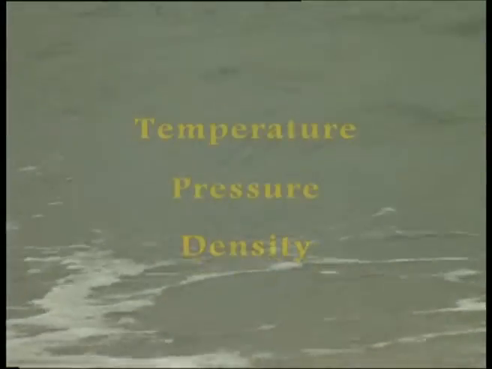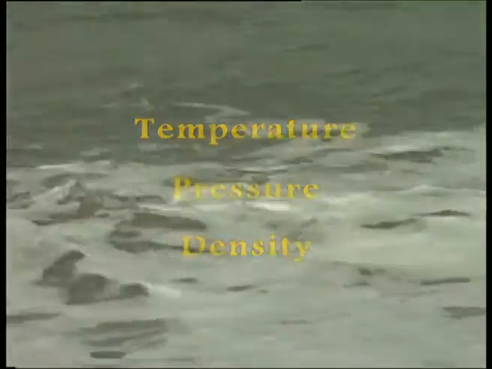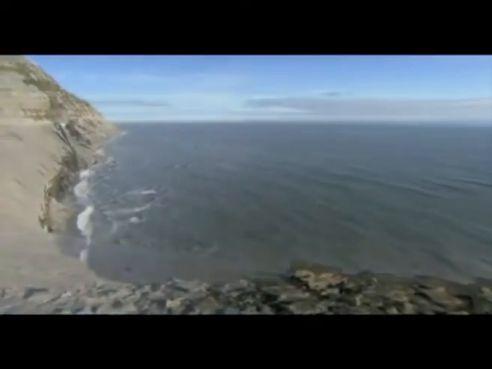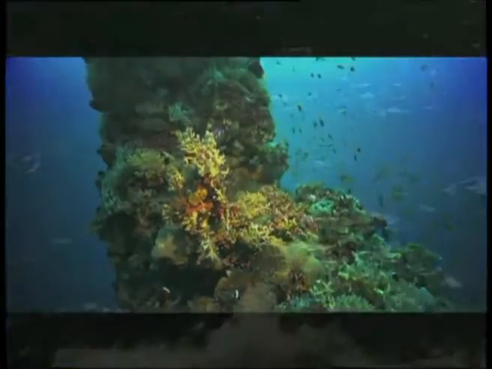Due to its huge volume and thickness, it has certain unique characteristics in the distribution of temperature, pressure and density. Most of these properties vary both horizontally and vertically. The physical properties of sea water also act as limiting factors in the marine ecosystems.